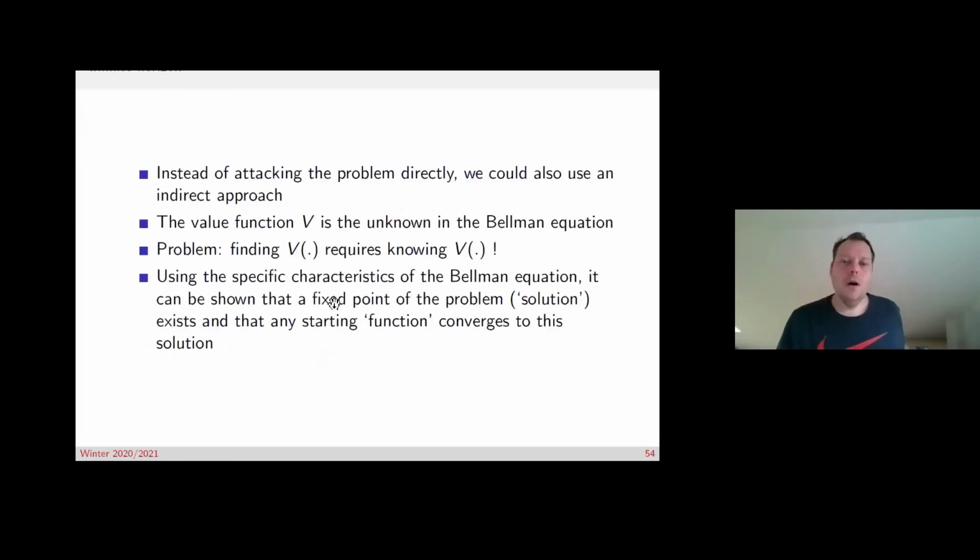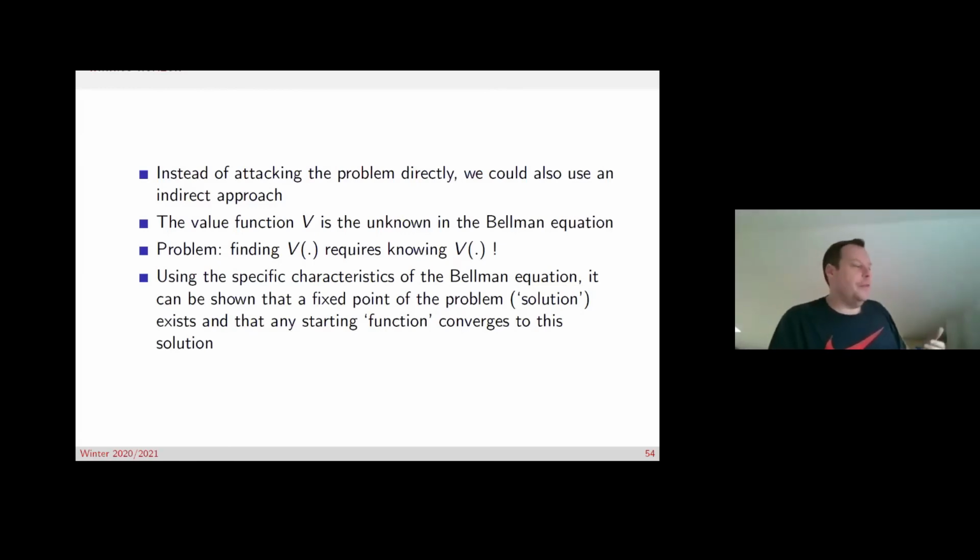Okay, so what we want to do here is, however, as I said at the beginning, broaden our perspective a little bit. So maybe we do not want to restrict ourselves to those special problems. Maybe we don't want to attack the problem directly, but maybe it would be helpful to find a more general way to solve those problems.